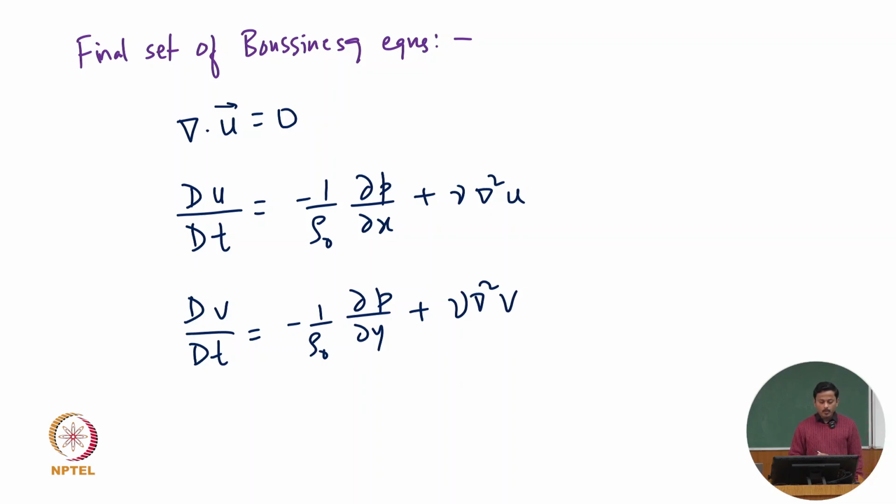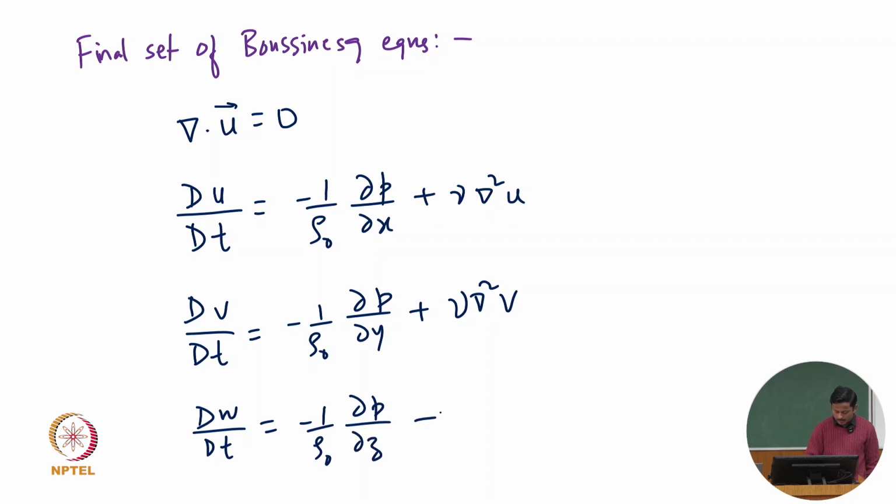So these are the x and the y momentum equations. The z momentum equation is the one where we don't throw away the density variation when it is multiplied with the gravity term: dw dt equal to minus 1 by rho naught del p del z minus rho g by rho naught plus nu del square w.